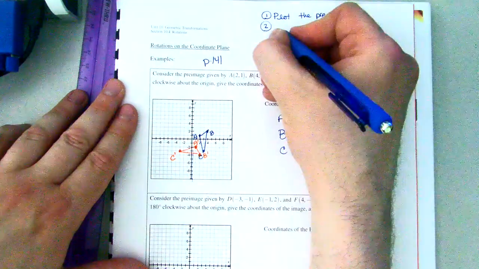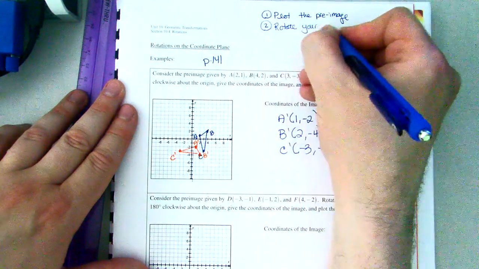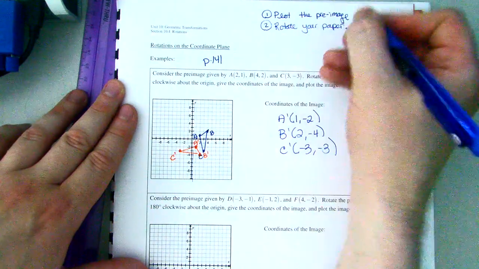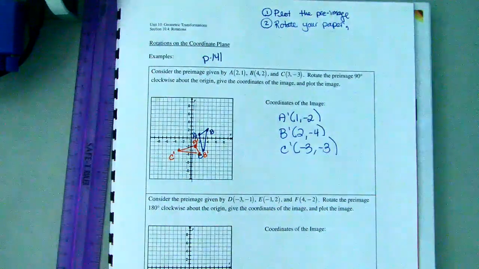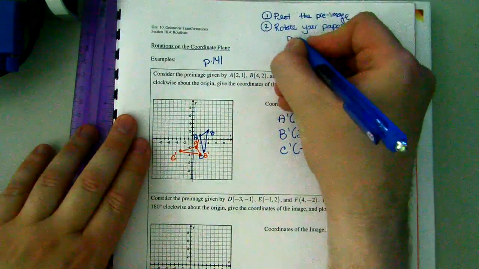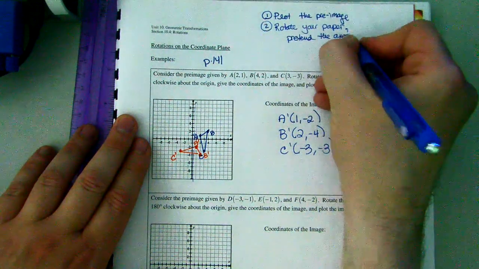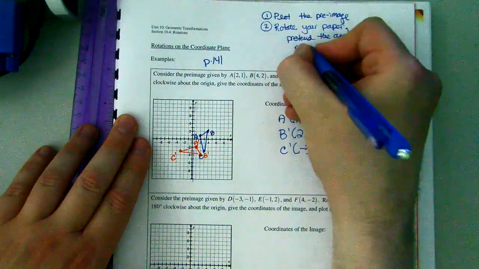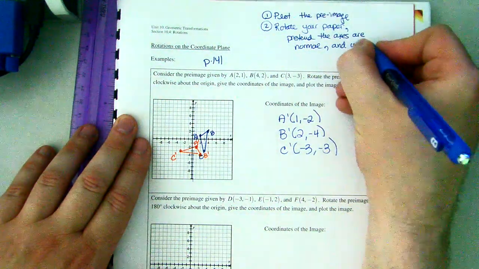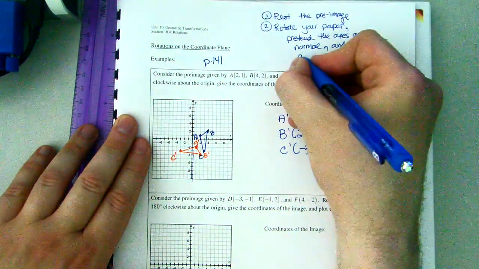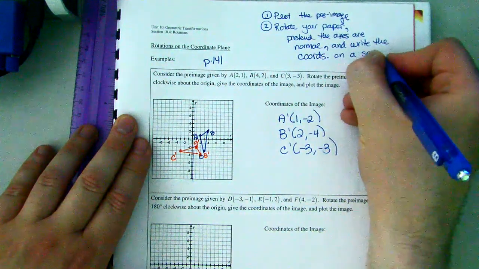Step 2 is going to be rotate your paper, pretend the axes are normal, and on a separate piece of paper, write the coordinates.